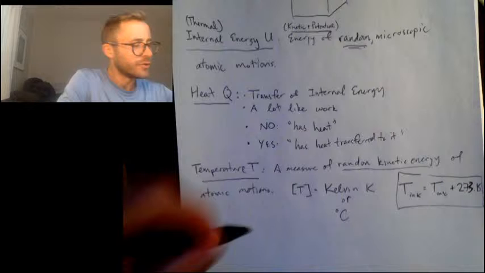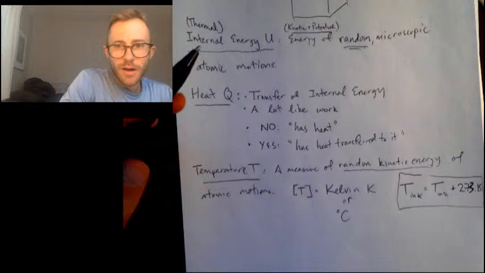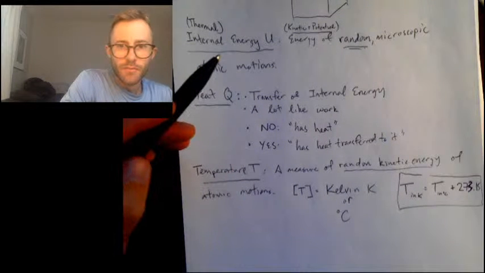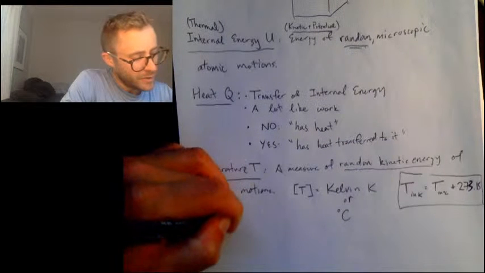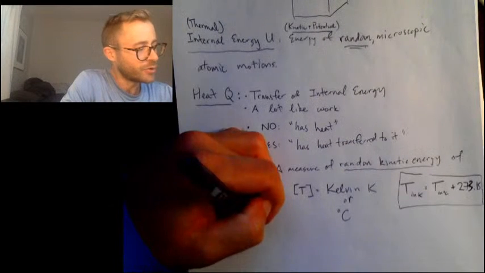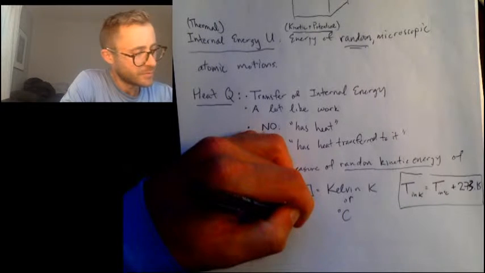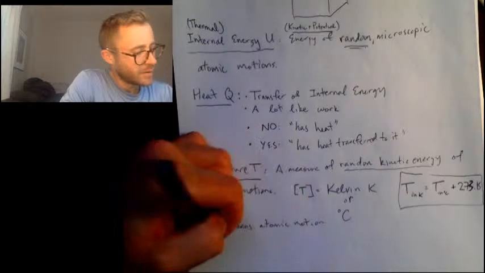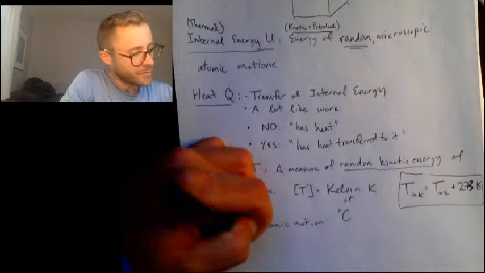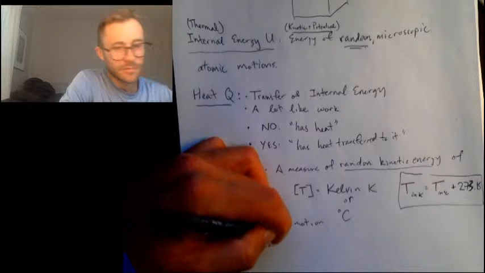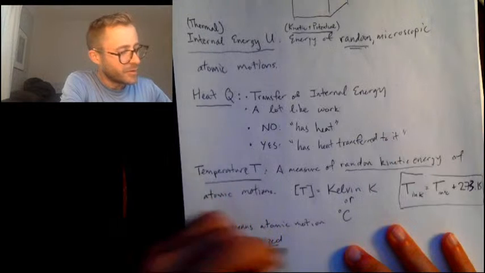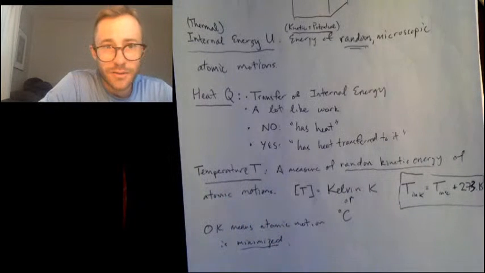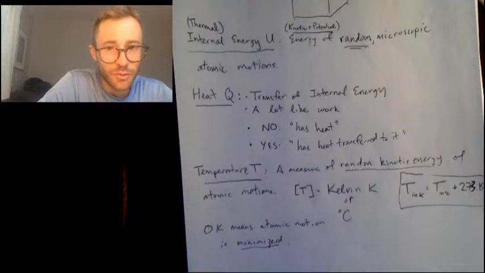So 0 Kelvin means atomic motion is minimized. Does it mean that the atomic motion goes away?